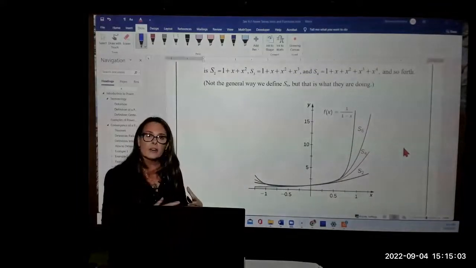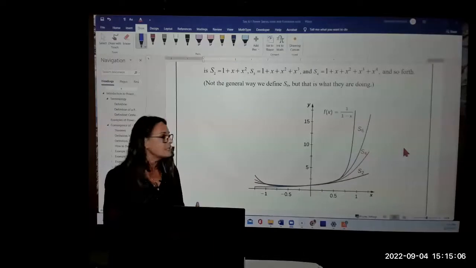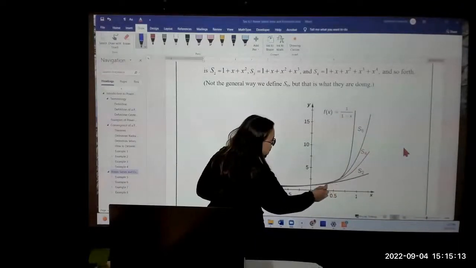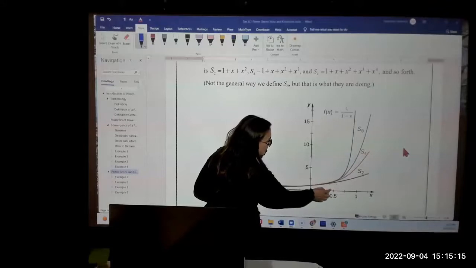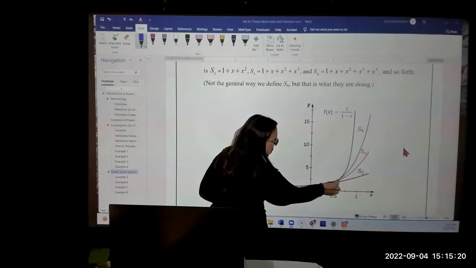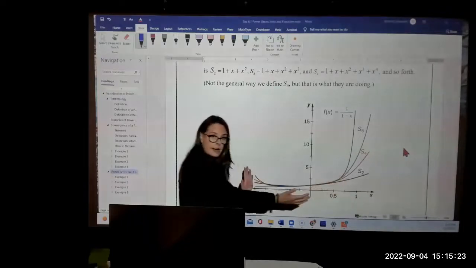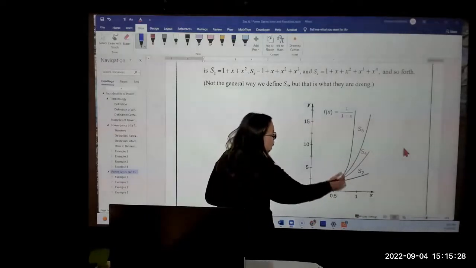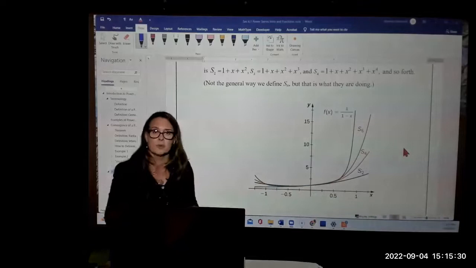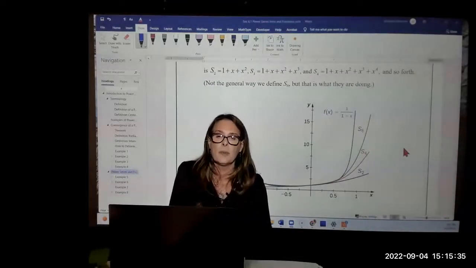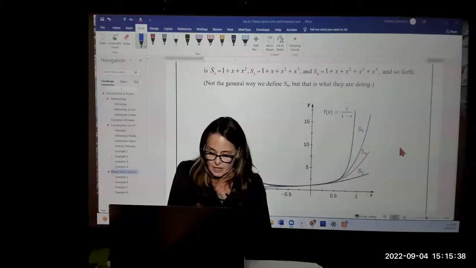And the higher I go, the more terms I take, the more accurate it gets over a longer interval. So you can see that S2 kind of veers off about here from the graph of 1 over 1 minus x, but S sub 4 takes a little bit longer, has a wider interval over which it's a good approximation. And S6 has an even wider interval over which it's a good approximation. So we can see in this way that we can approximate the power series in these various ways.